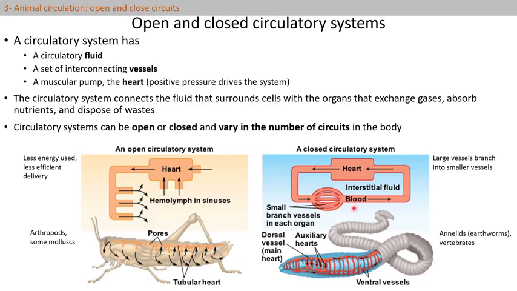Okay? So here we take an example of an annelid, for instance. But so the blood does not fill the body cavity. The body cavities are filled with fluid, and the blood is kind of a different compartment on its own. Very different from the open system, where the hemolymph goes in circulation, but also surrounds all tissues and fills all body cavities.